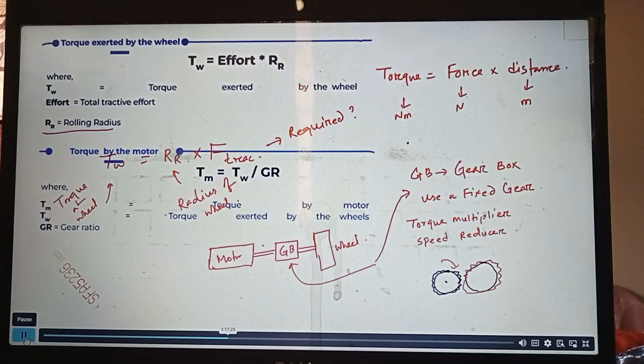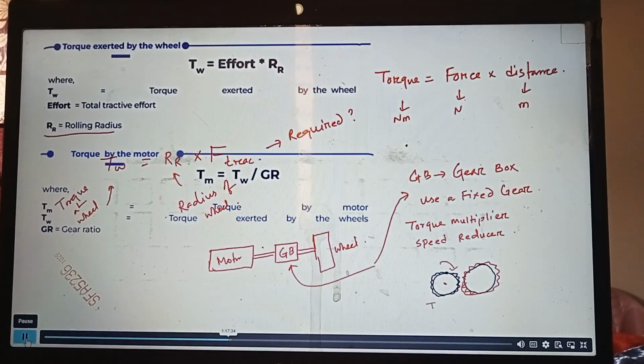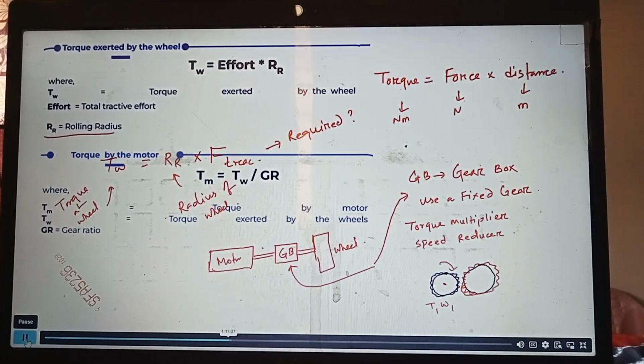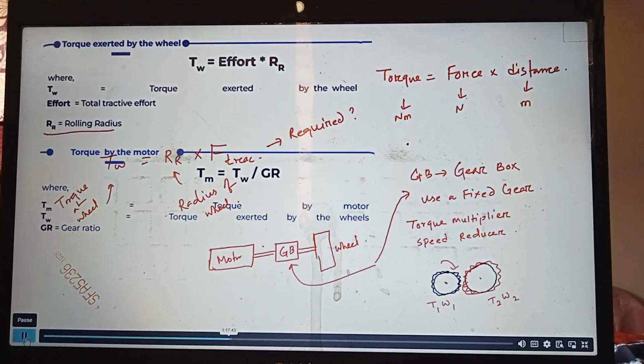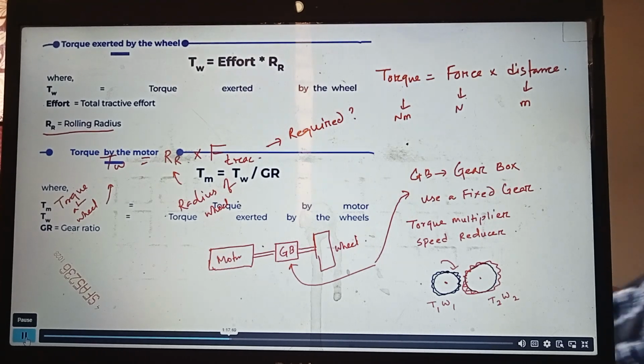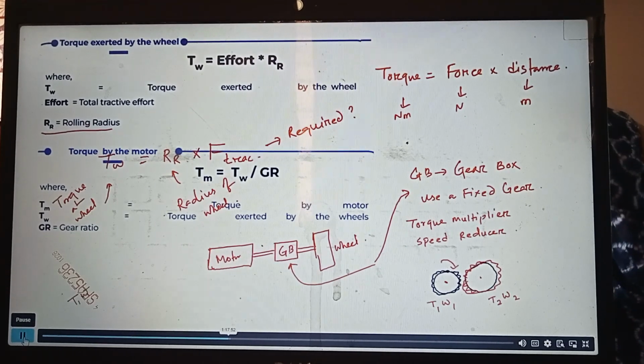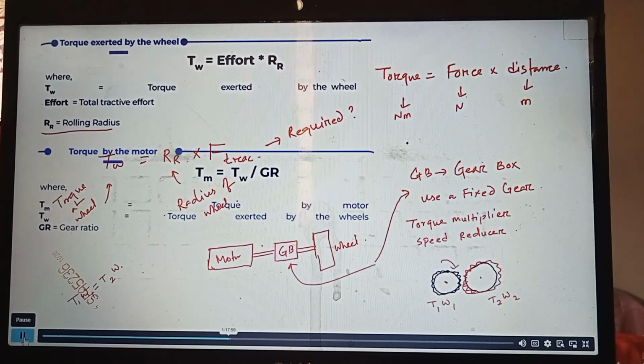So if I rotate it, because of their contact, the second one will also rotate. So if I consider this first one as a torque of T1 and speed of omega 1, and then the second one having higher radius, let's say it is having T2 omega 2. Okay. So if I assume that these are 100% efficient system, so your T1 omega 1 is going to become T2 omega 2, which is nothing but power.